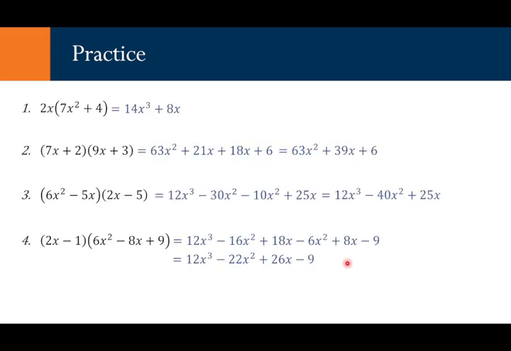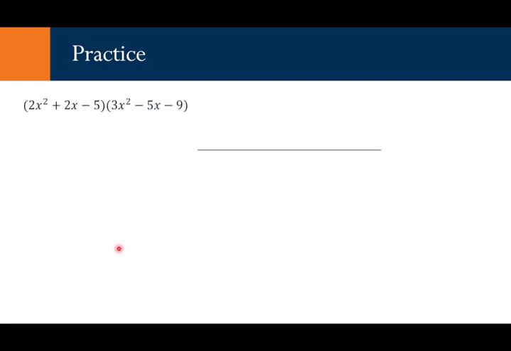So I may or may not test one like this. This one would definitely be out though. 2 trinomials. We're going to multiply each of these 3 terms by each of these 3 terms. So there's going to be 9 terms in the initial step here. Let's just slow down.